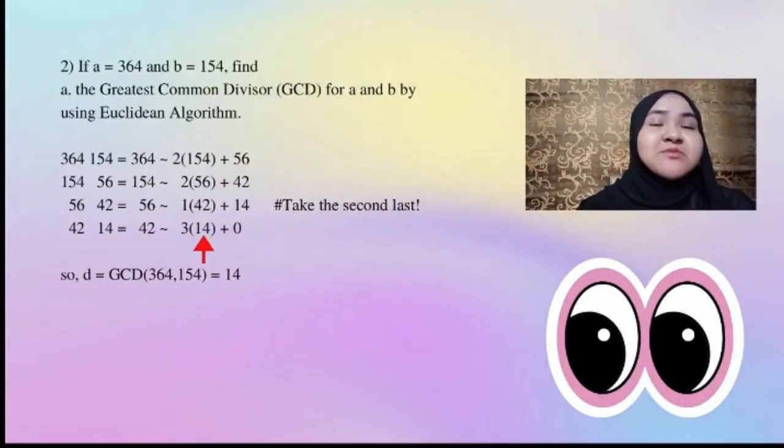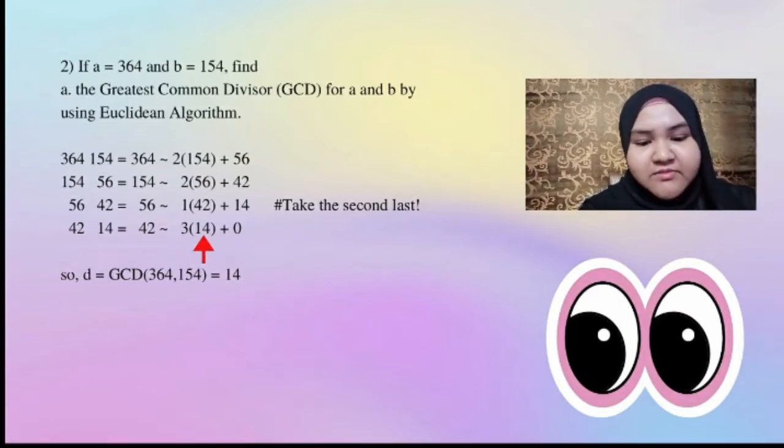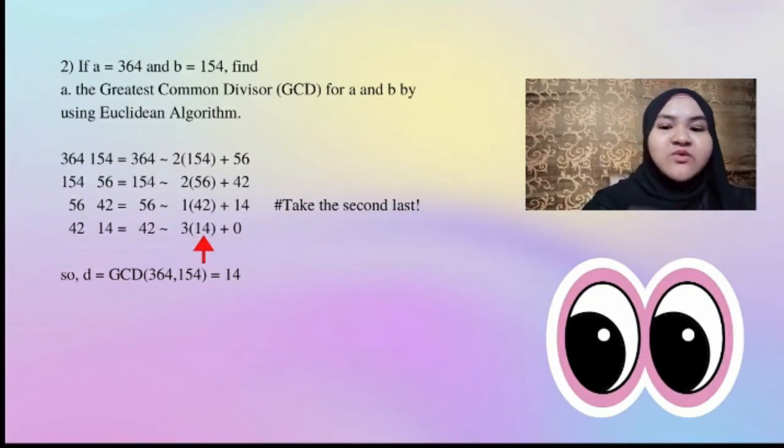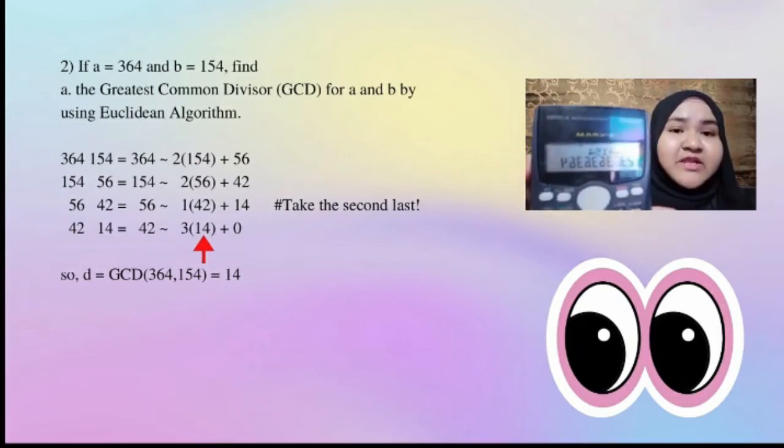Next, we move to example number 2. If A equals 364 and B equals 154, find the greatest common divisor GCD of A and B by using the Euclidean algorithm. We solve this by dividing 364 by 154 and get 2.363 and so on, but only take the value of 2.